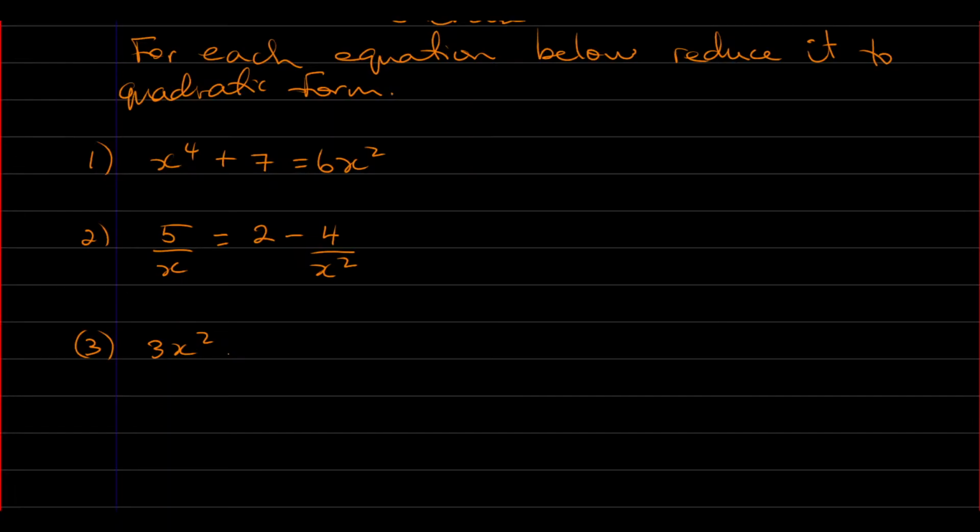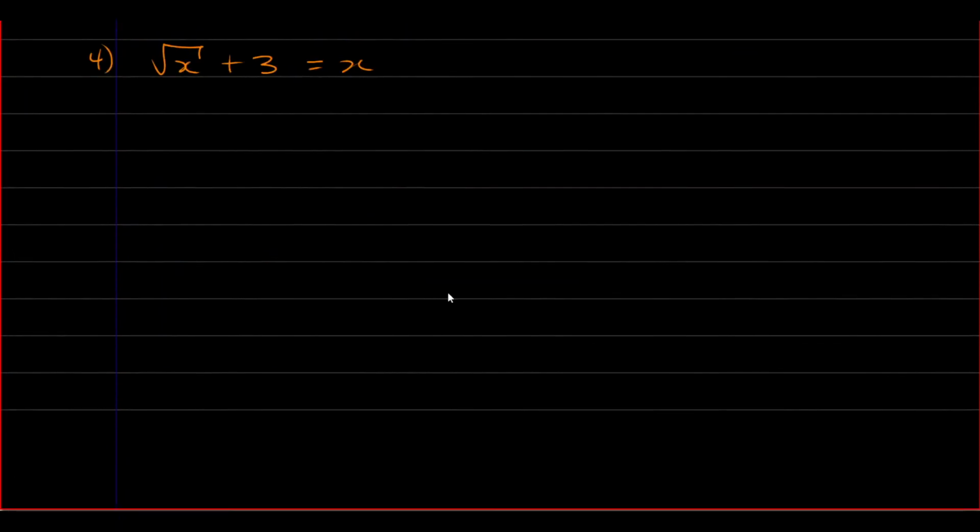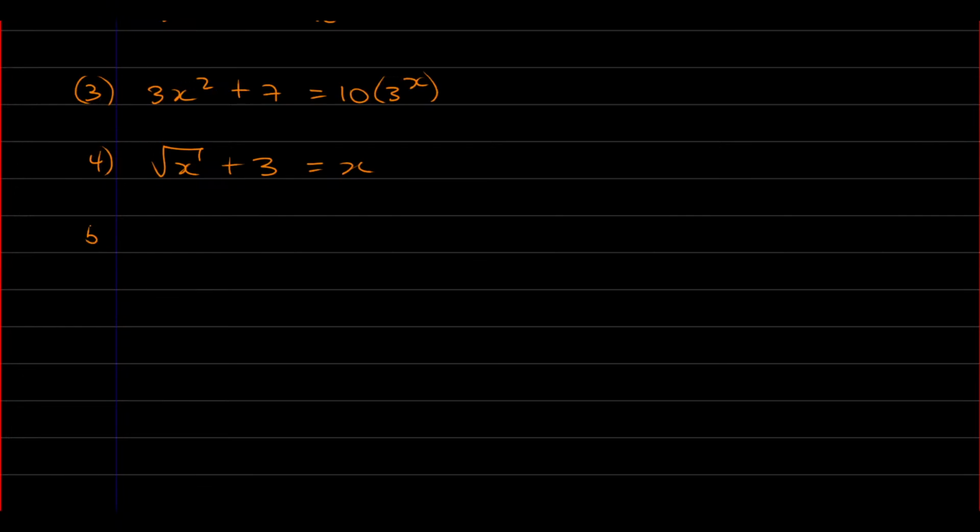3: 3x squared plus 7 equal to 10 into 3 to the power of x. And 4, we have root of x plus 3 equal x. Then 5: we get 2 cos squared theta equal to 5 cos theta.